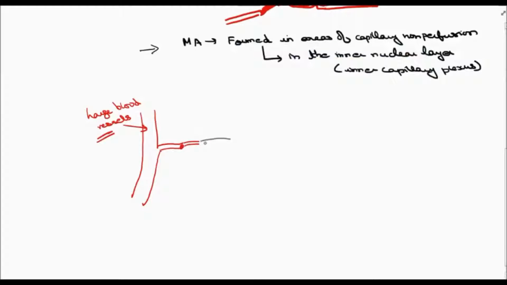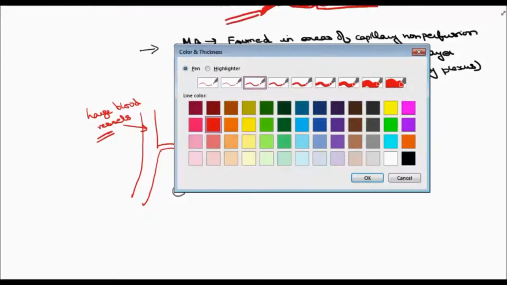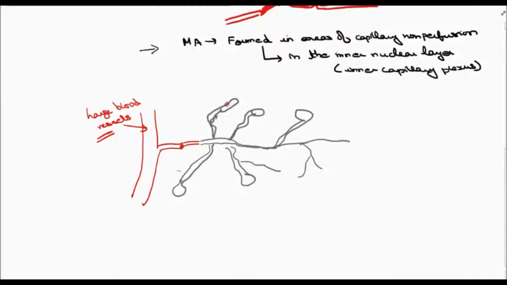So this capillary bed branches out and forms microaneurysms. These branched-out capillaries start forming loops as we have seen earlier. The same mechanism applies here, only it forms in a full area, so we can find a tuft of capillaries and microaneurysms scattered all over that small area in the inner capillary plexus.